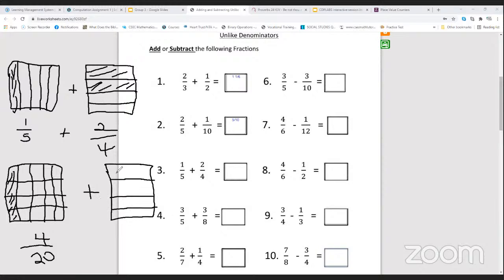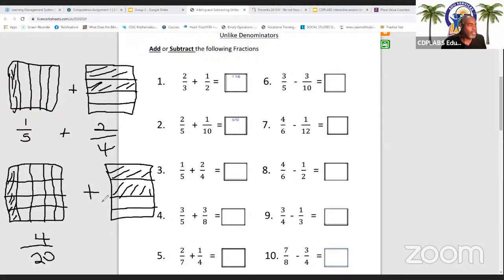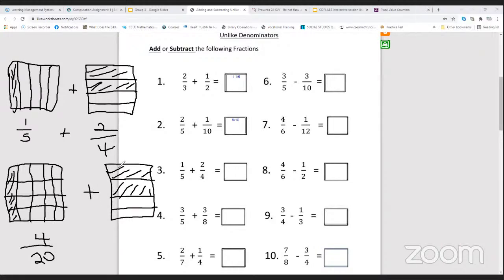Shade 2 parts. Okay, sorry, so going back to the first one, we're going to use the denominator from the first one. And then 5 parts.